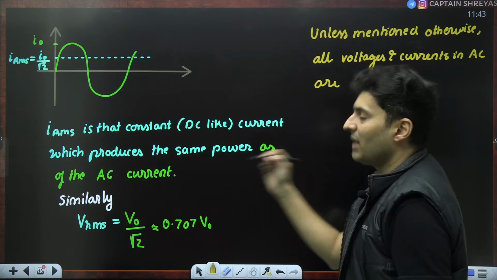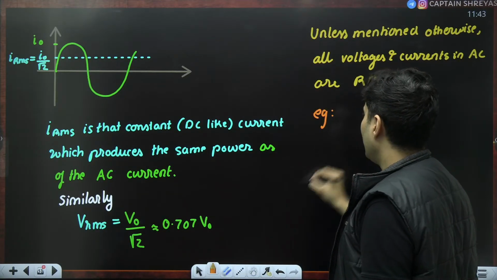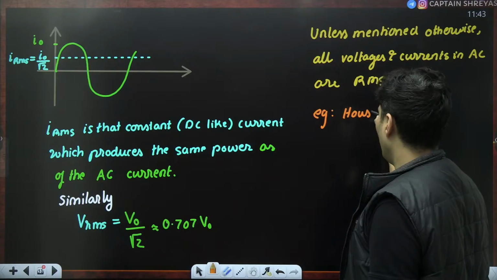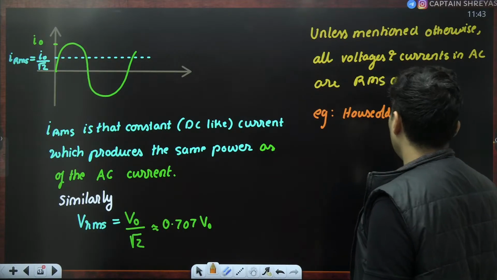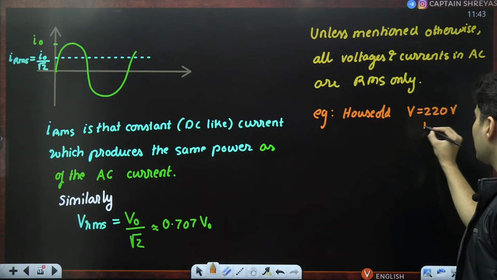You never give the maximum value. For example, when I say household voltage is 220 volts, what is this 220 volts?